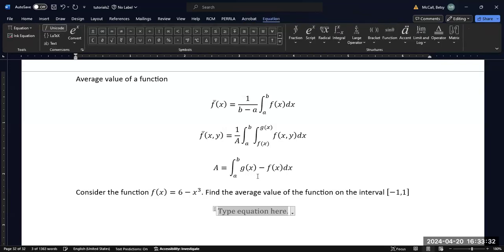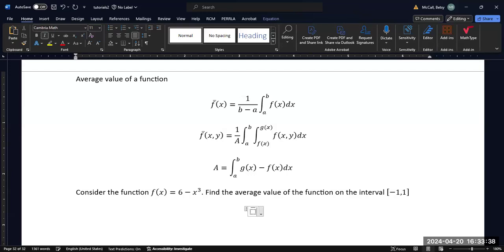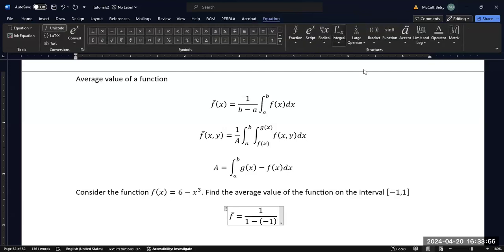All right, so our average value is going to be, our interval length is 2 because it's 1 minus minus 1. And then we're going to integrate from -1 to 1 of 6 minus x cubed.